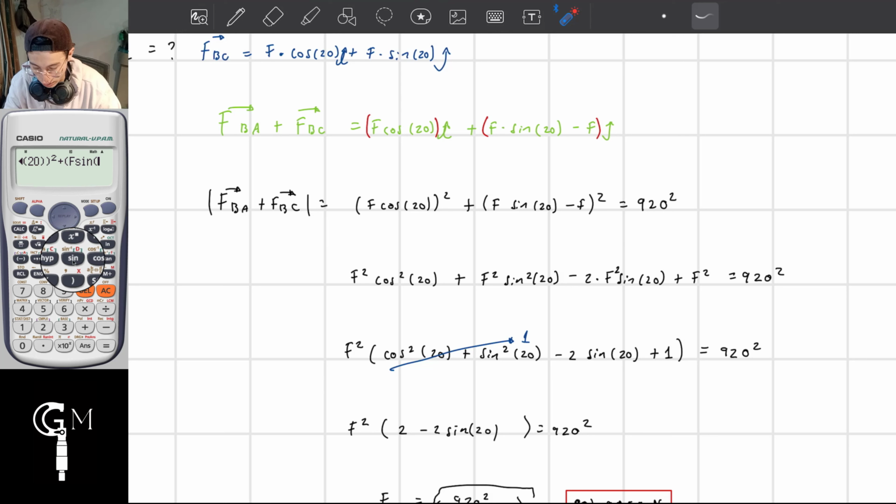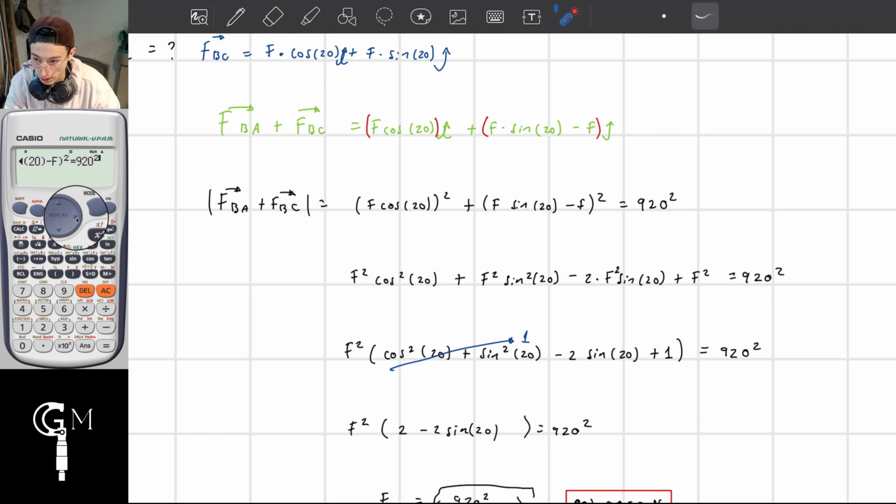Plus F sine 20 minus F squared. Remember, I'm writing down this equation, equals 920 squared. Let me check if I wrote everything correctly. Yep, I think so.